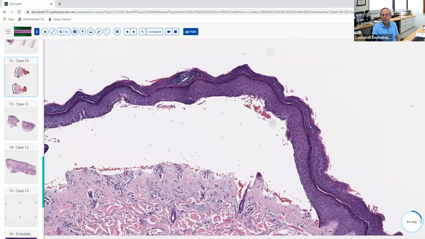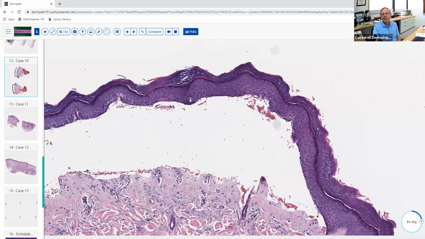You see the nice festooning here, which is helpful. And that actually is seen more commonly in porphyria than it is in some of the other cell-poor blistering disorders that can involve acral sites, such as epidermolysis bullosa, either the simplex or the dominant dystrophic or recessive dystrophic types. Those usually give you more kind of scar without festooning.